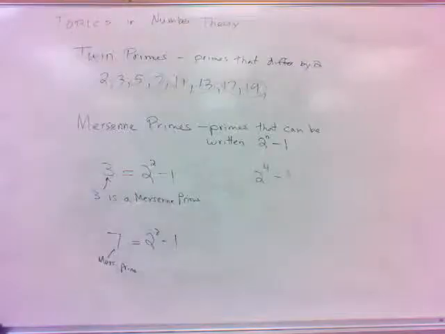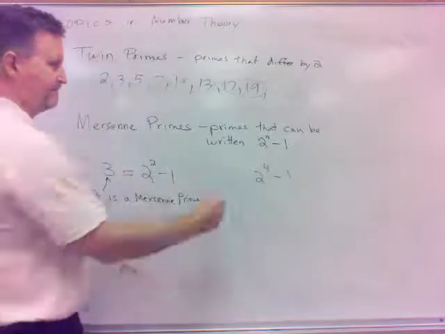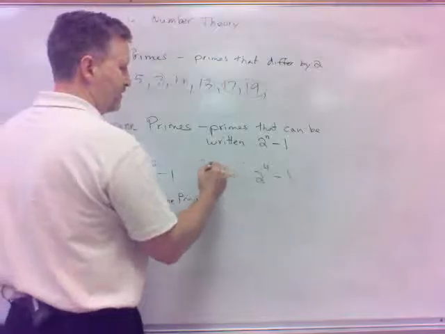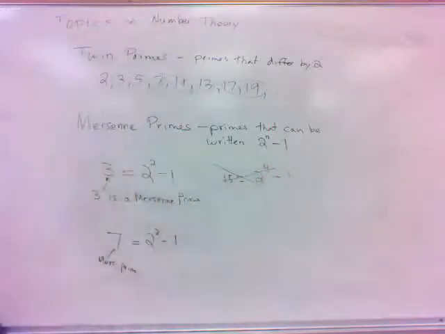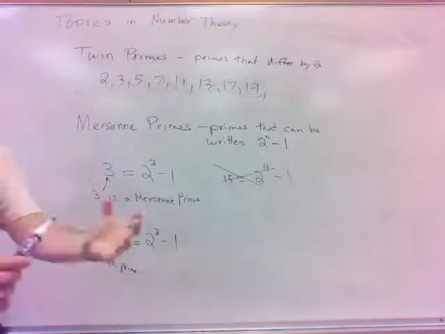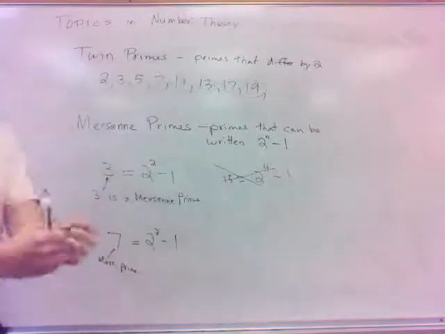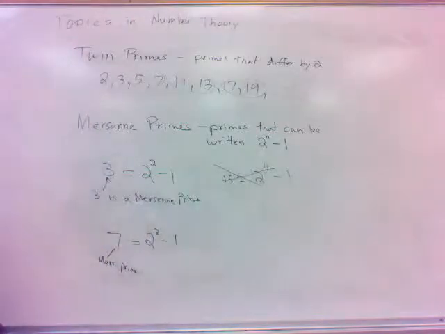And then minus 1 gives you 15. What's wrong with that? Is 15 prime? No. It's not a Mersenne prime because, of course, it has to be prime to be a Mersenne prime. They sometimes call it a Mersenne number, but we're just interested right now in focusing on the Mersenne primes.